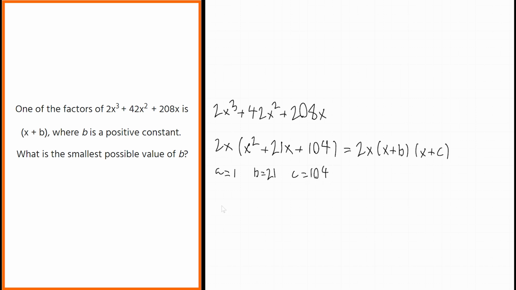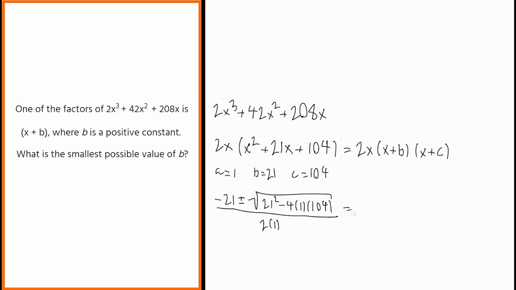So if we use the quadratic formula, we would get negative 21 plus or minus the square root of 21 squared minus 4 times a, which is just 1, times 104, all over 2a.